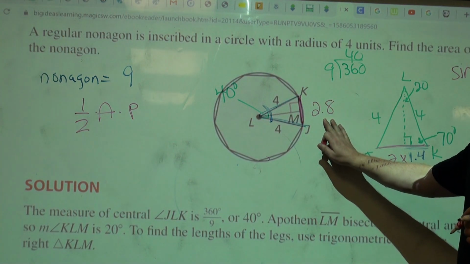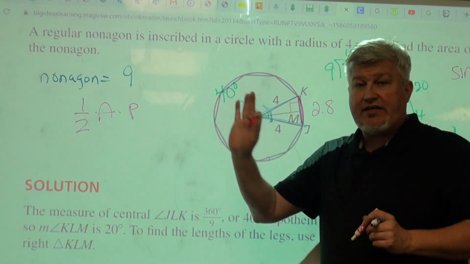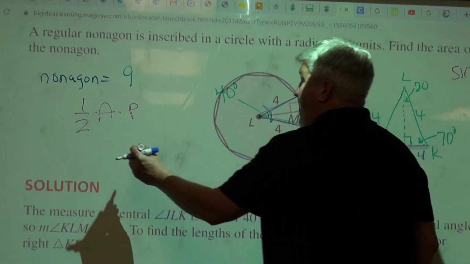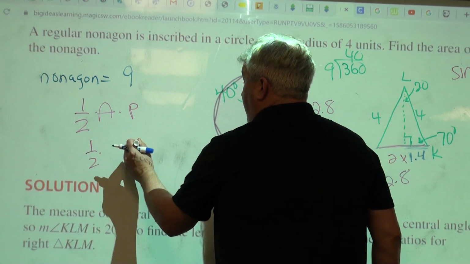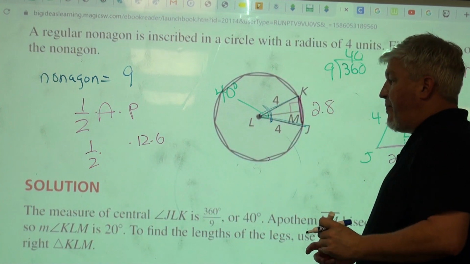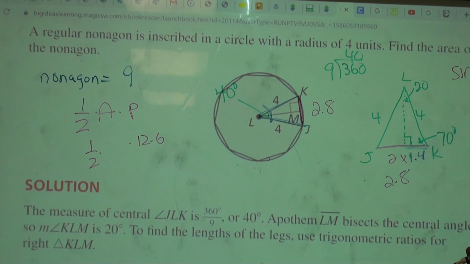If 2.8 is one side, I have 9 total sides. So I times that by 9. I get 12.6. So I have 1/2, my apothem, and my perimeter is 12.6. Now I just need to know what my apothem is.